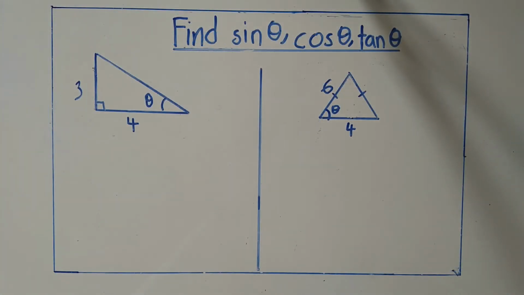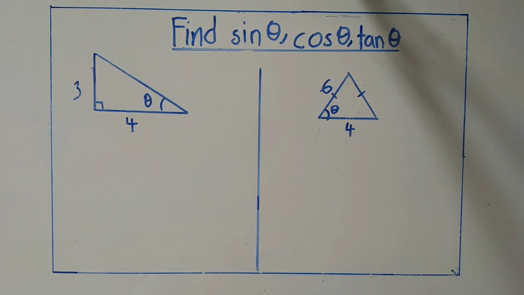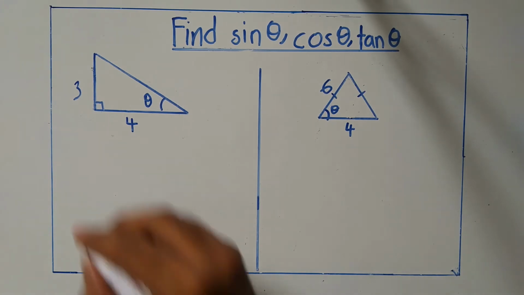Here are a few examples on how to find sine theta, cos theta, and tan theta. In the first example, we have a right-angled triangle. We have to find the hypotenuse to calculate sine theta and cos theta. Use the Pythagoras theorem to solve it.